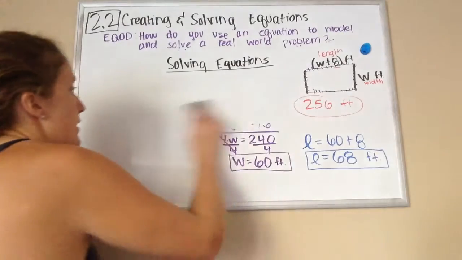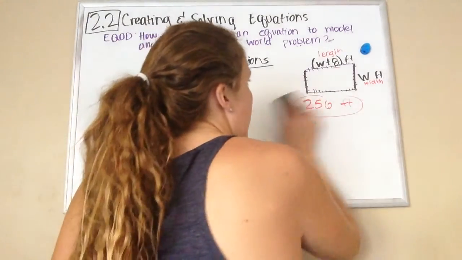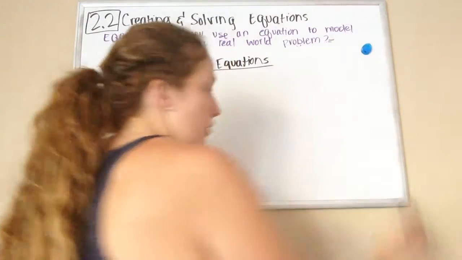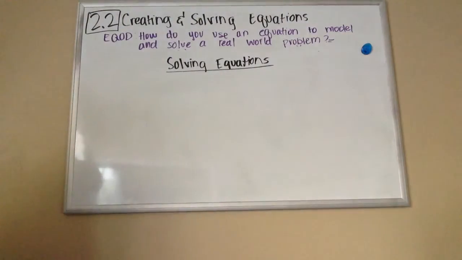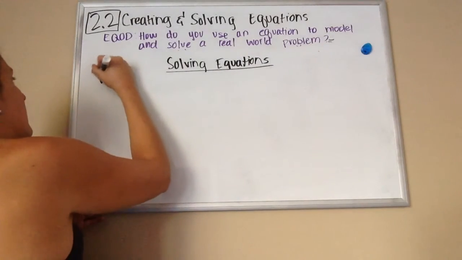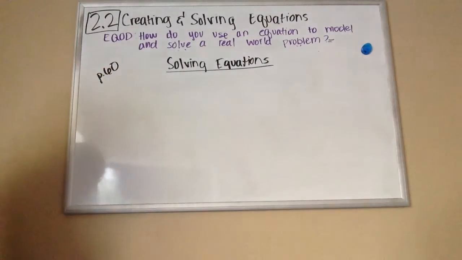Okay, you guys are going to need to cut two more out of your journal right now. I'm going to have you cut out from page 60. You're on page 60 now. You're going to cut out number 7 and number 8.